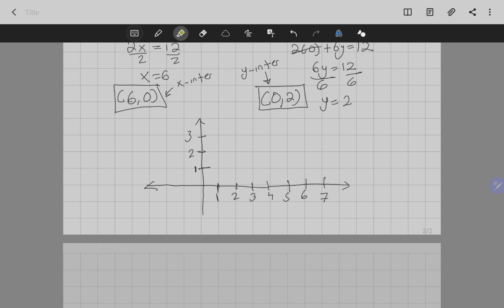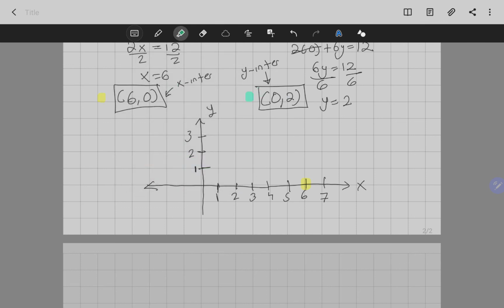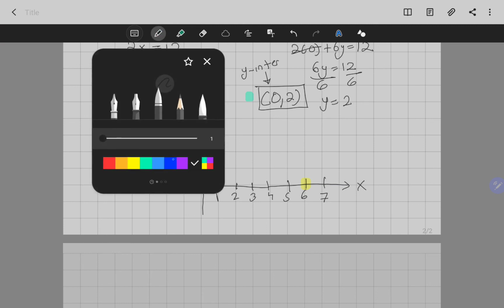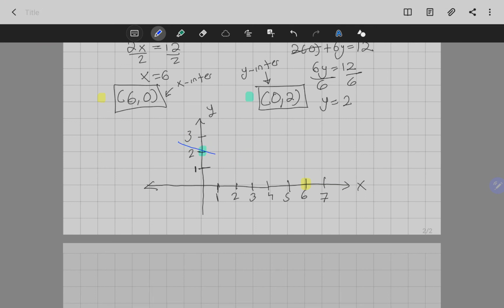So this is 6, 0. So I go 6 on the x. So remember, this is my x, this is my y. So I go 6 on the x. And then I'm gonna go 0 on the x because that's a 0. But I do go up 2. So now that I have my 2 points, I can actually connect them. And that is my graph.